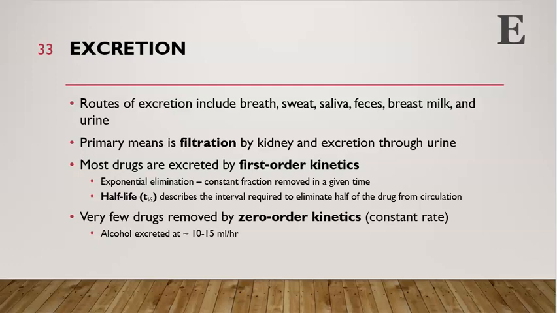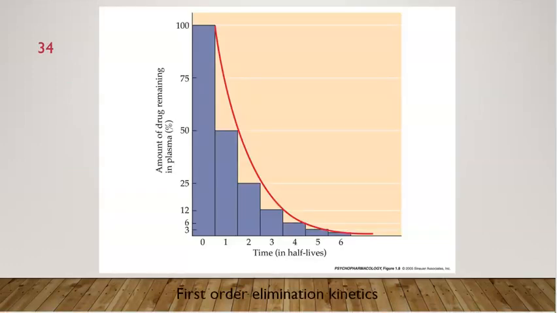Now, there are very few, a tiny number of drugs that do leave your system in zero-order kinetics, or in a linear fashion. One of those drugs is alcohol, and that's why alcohol tends to have an effect for a longer period of time than other drugs, because it is leaving your system linearly rather than exponentially. But again, most drugs leave your system exponentially or in that first-order kinetics.